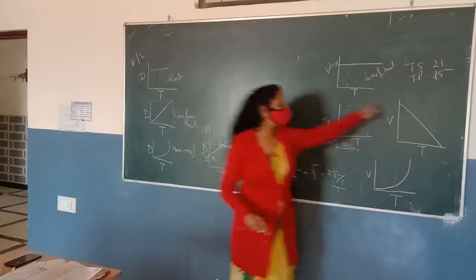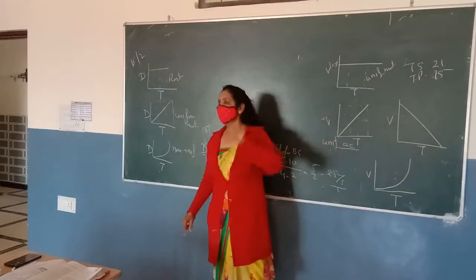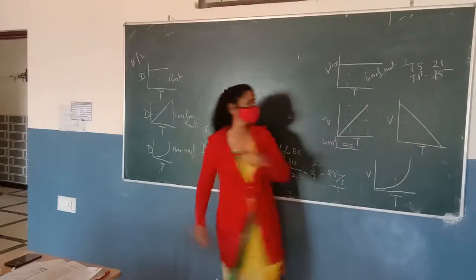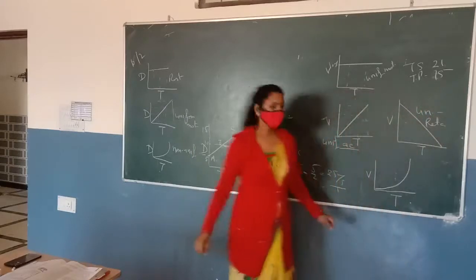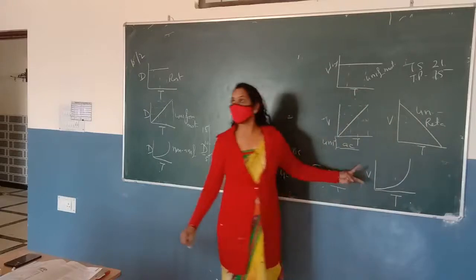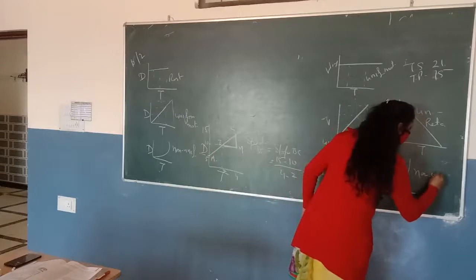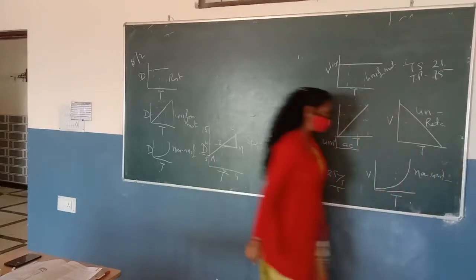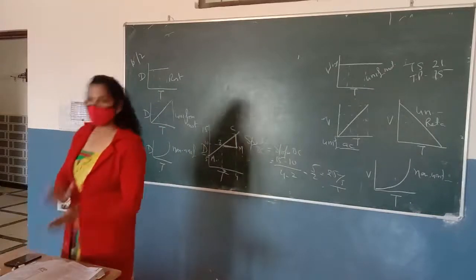Since the velocity is decreasing, we can say the acceleration is negative. And negative acceleration is called retardation. So this is the uniform retardation. Okay? And this one is the non-uniform acceleration. Okay? Not the velocity. This is the non-uniform acceleration.